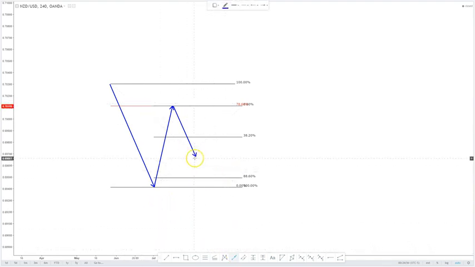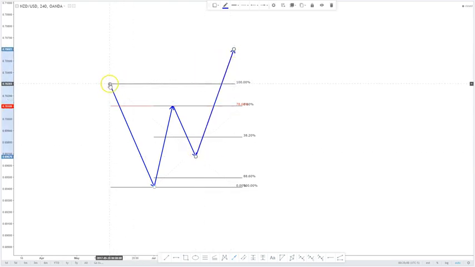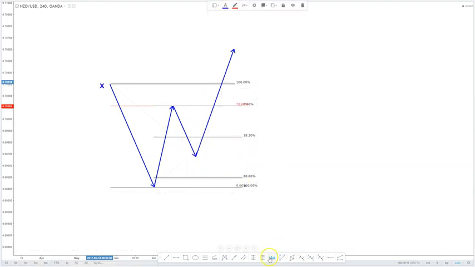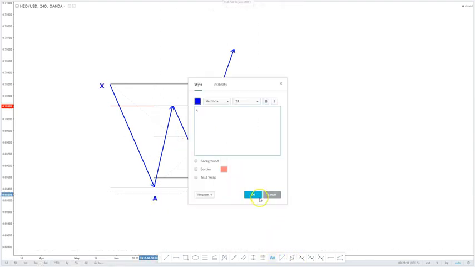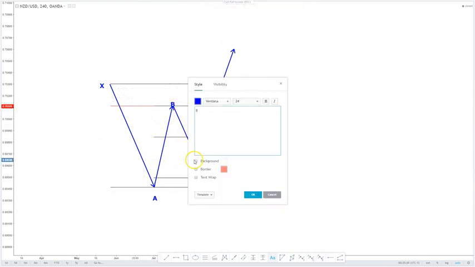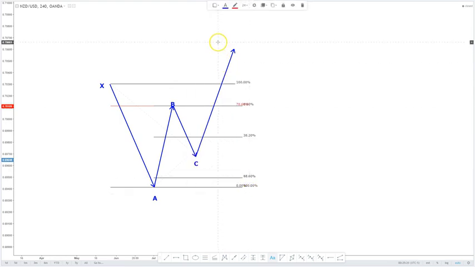But what does matter is this. For a butterfly, we're going to get a 127 extension over the X point. So this is the X point. X, A, B, C. This D point, we're going to see where it's going to finish.